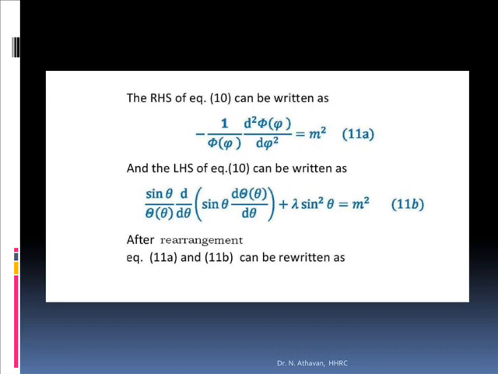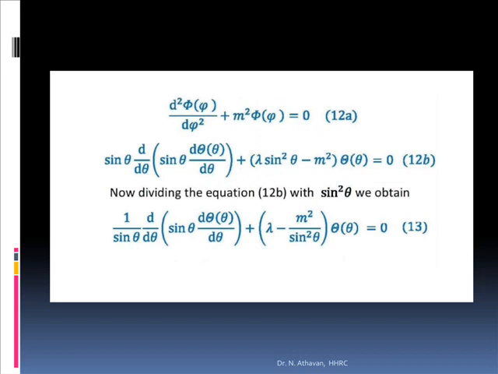On the left hand side of equation 10, that is the theta part, can be written as sin theta by theta into d by d theta of sin theta d theta by d theta plus lambda sin square theta, which is equal to m square. So 11a and 11b are the two separated equations which are going to be solved subject to the admissibility and boundary conditions.